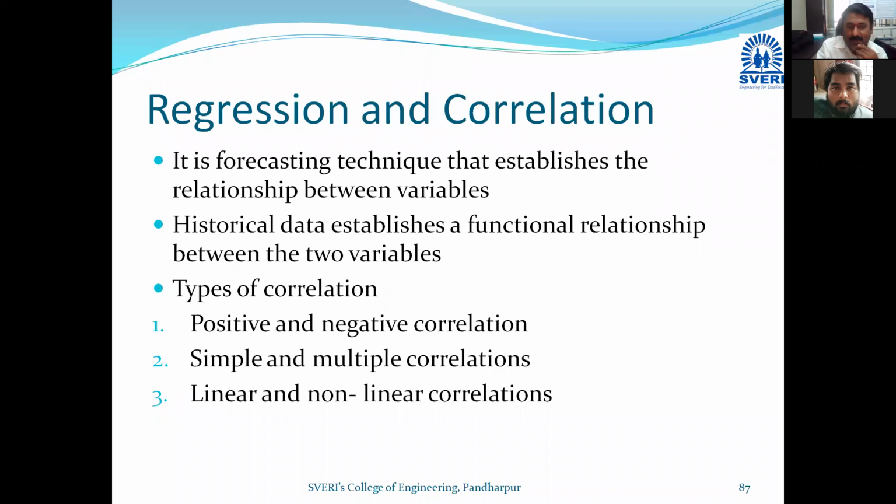So regression and correlation is a forecasting technique that establishes the relationship between variables. There are many variables which vary, and they have an effect on the output. Historical data establishes a functional relationship between two variables.